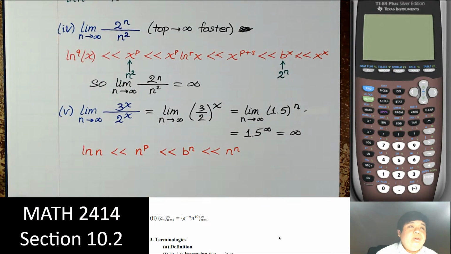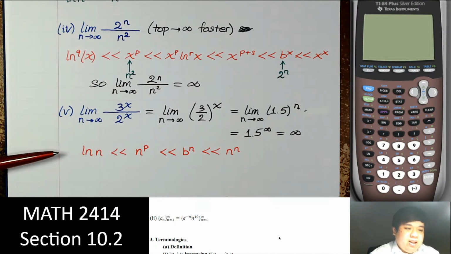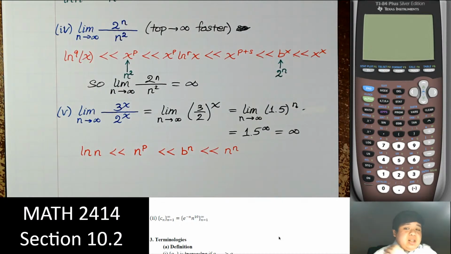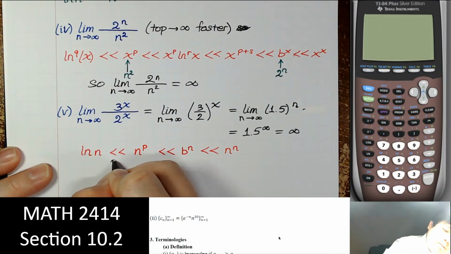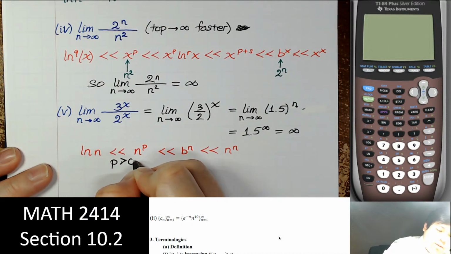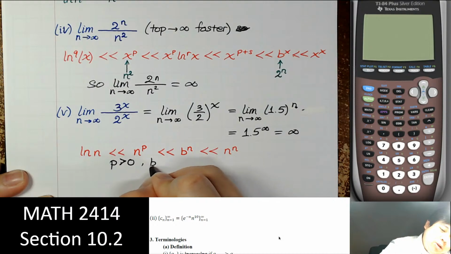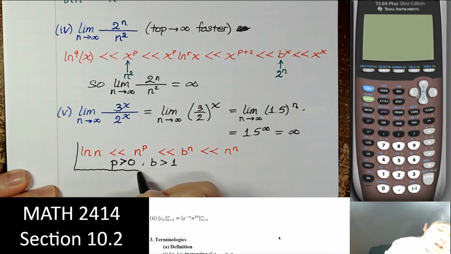You might refer to a simplified version of that. Of course, this includes everything. This is a little bit less, but certainly we can use it. So for this one, let me note that p is a power that is bigger than 0. Could be 0.001, but it has to be bigger than 0. Right. On the test, this will be good enough.